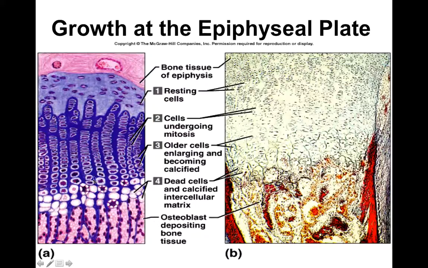As they grow, they become mature and then they calcify. And when they calcify, they die. And so these are all chondrocytes that are dying. And eventually they're going to be replaced by osteocytes because the chondrocytes died off. So start with resting cells, rapidly dividing cells. These chondrocytes are dying, becoming calcified, and then here they're being replaced by osteocytes.